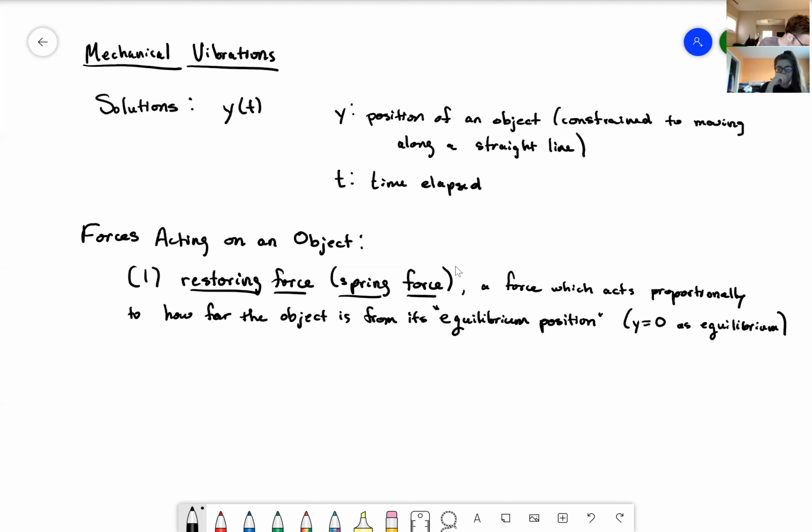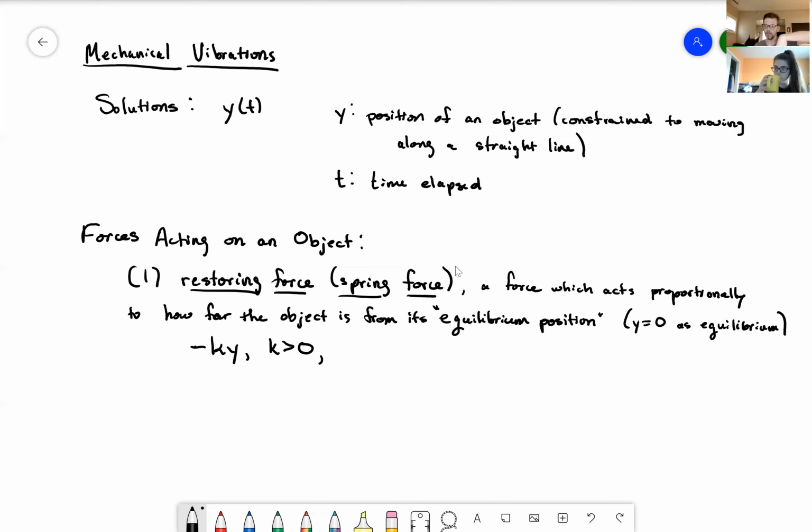So this is modeled as minus ky, with k greater than 0. If we have a positive y, we have a force in the negative direction, so it's a force pushing it back down.